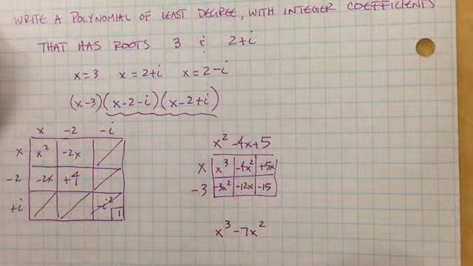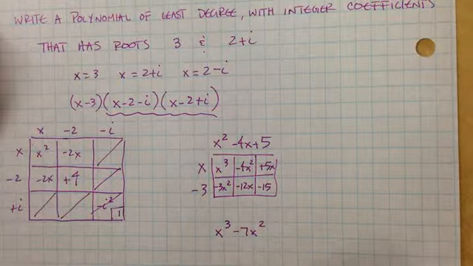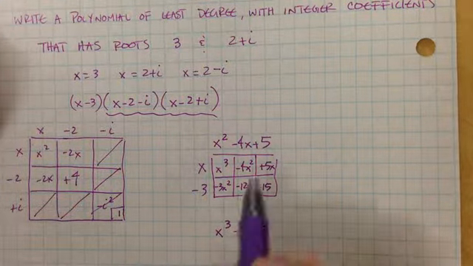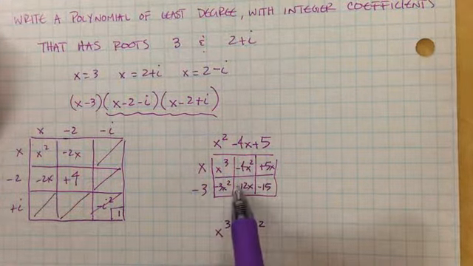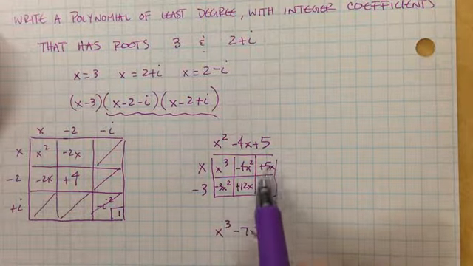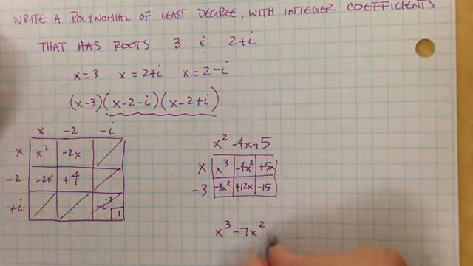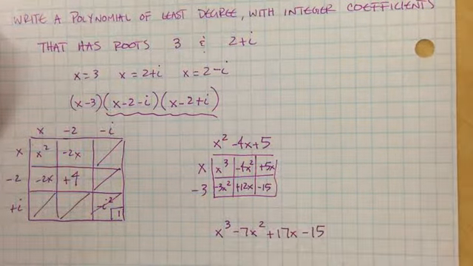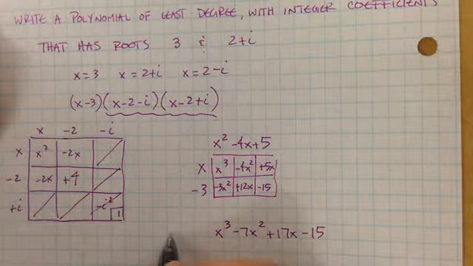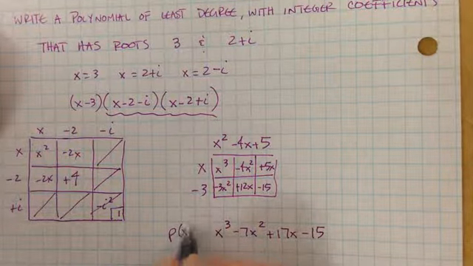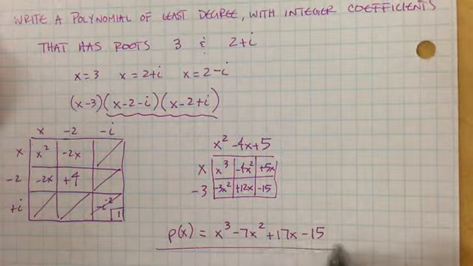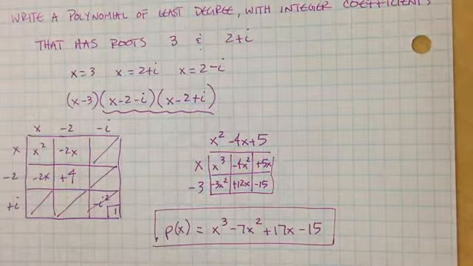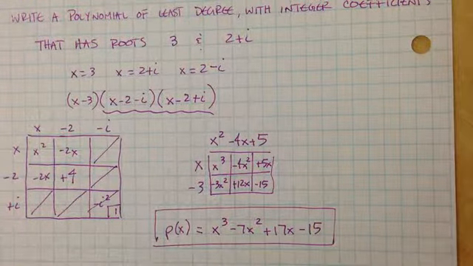Oh, excuse me, negative times negative should have been my positive 12x right there. So I put those two together and get plus 17x minus 15. Make it a function. There you go. There is your polynomial of least degree, and this one is a function. Hope you had fun. Thanks.